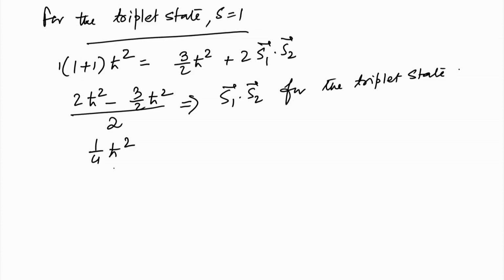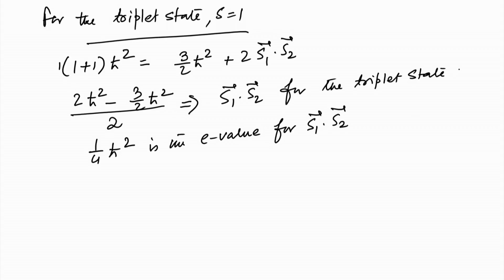So, 1/4 ħ square is the eigenvalue for the operator S 1 dot S 2 for a two particle problem.